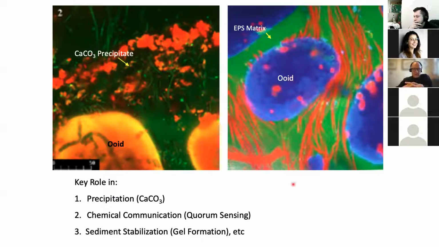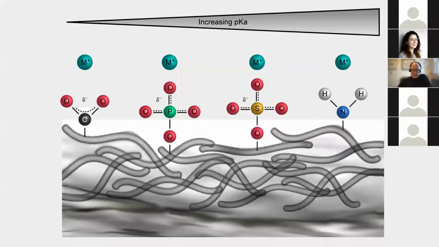EPS matrix has a lot of roles. It's sort of the sweater that I'm wearing today, because outside it's minus 12 degrees. So I modify my environment. Organisms do the same thing. As a response to the environmental conditions, they make this slime, and the composition of that slime varies with the environmental conditions in a very simplistic way. And here you have the EPS matrix: polysaccharides, proteins, other stuff.